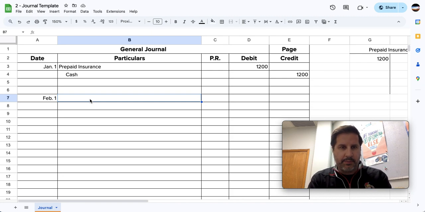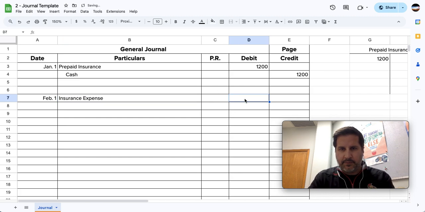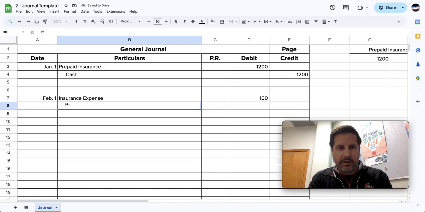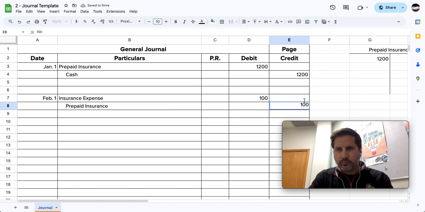So my adjusting entry will look as follows. It is now an official expense to the business for $100, and I don't pay cash because I already did it. I have 100 less in my prepaid insurance, so that's $100.